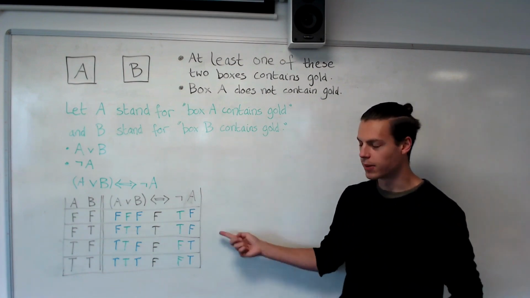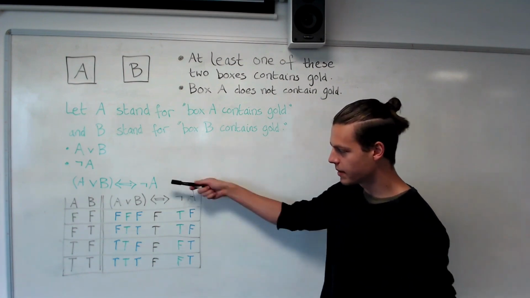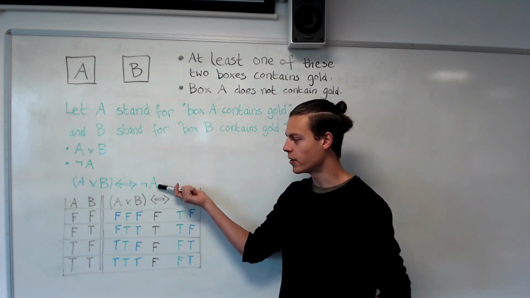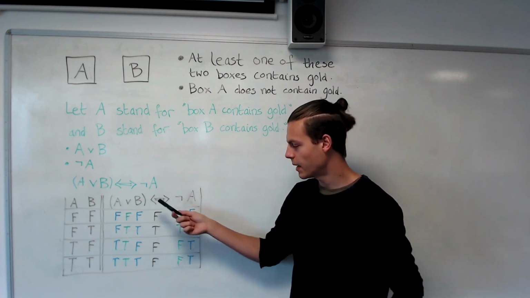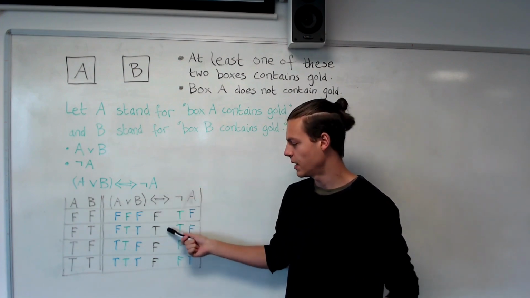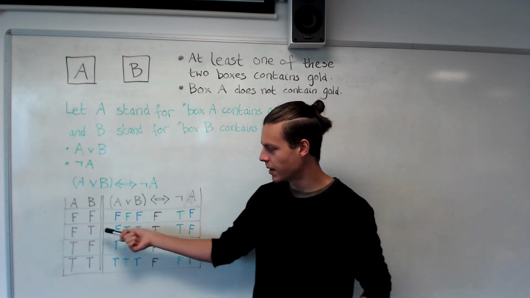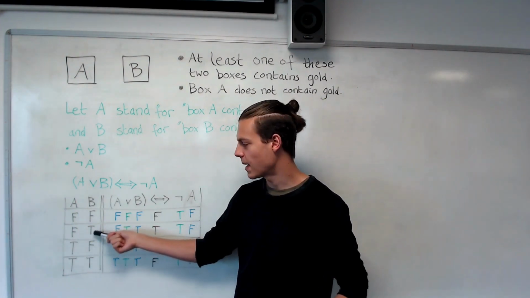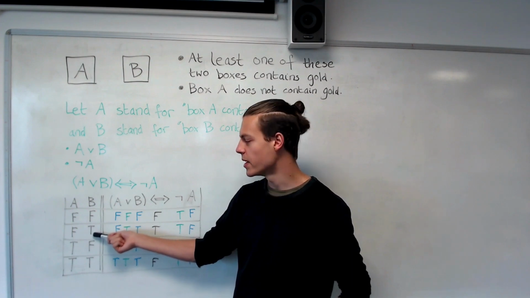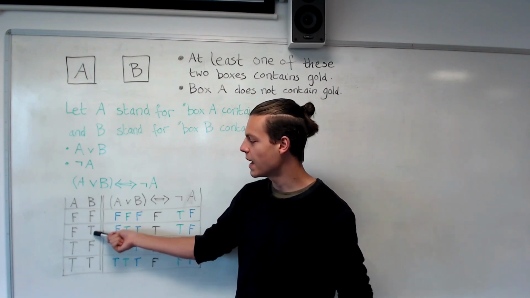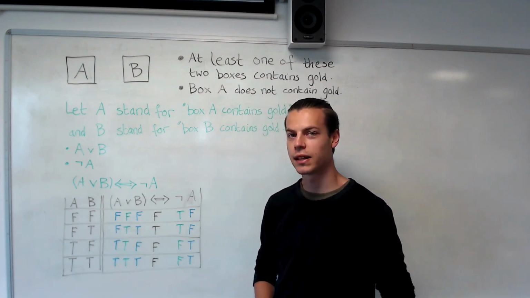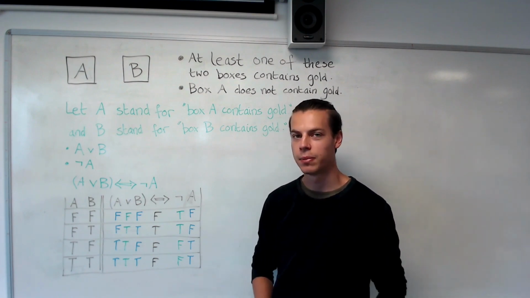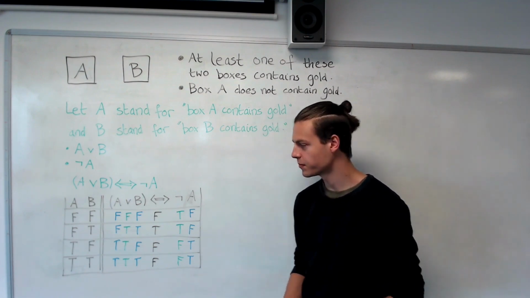So what this truth table tells us is that this statement, which we know is true, is only true in this one case, where A is false and B is true. In other words, we know that box A does not contain gold, while box B does contain gold.